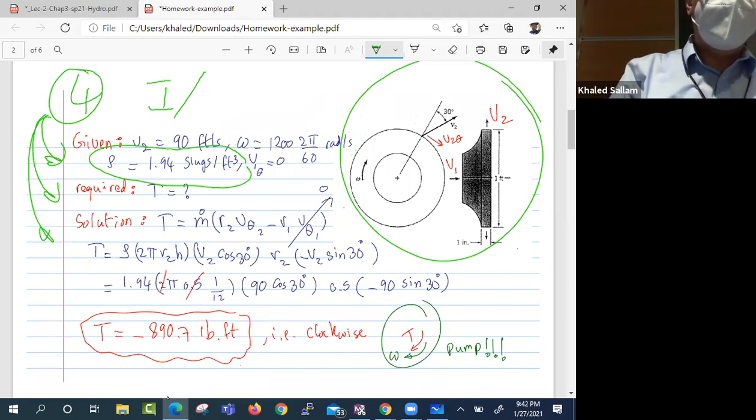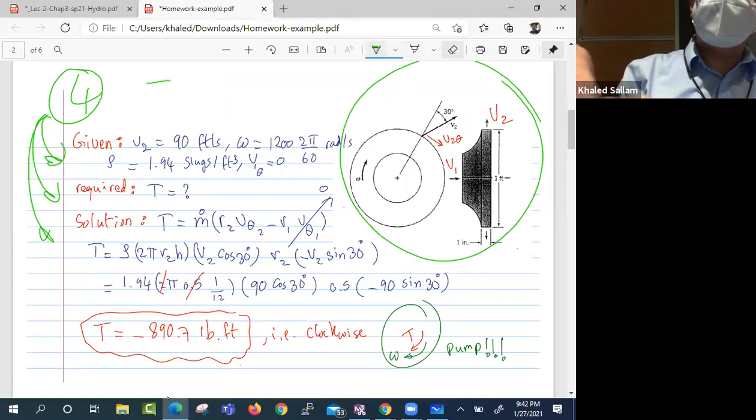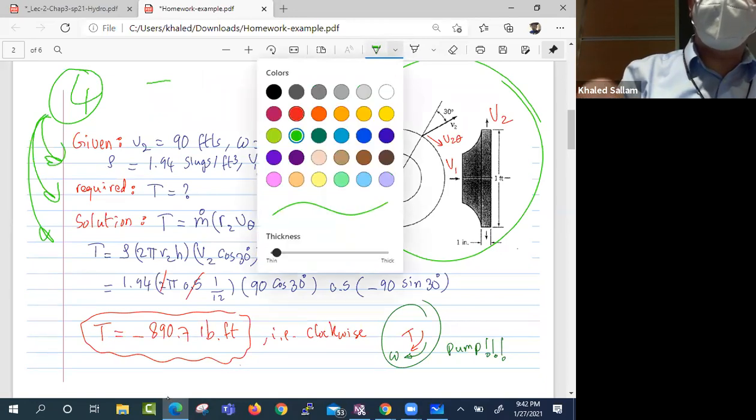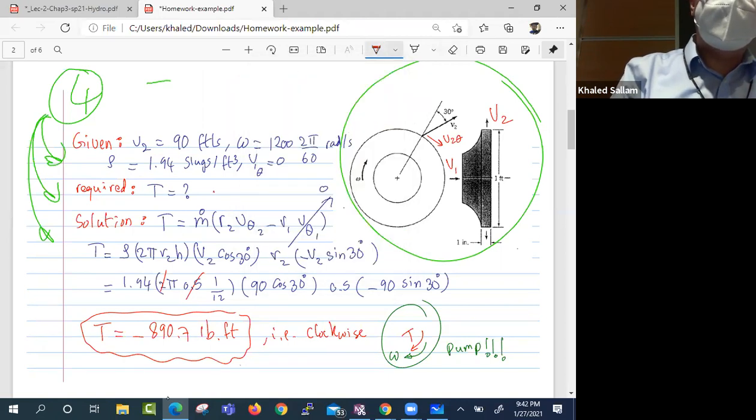All right? And you tell yourself what is required. And actually, I think it's really good practice when you write what is required to even write the unit. Because sometimes they would tell you calculate the power in horsepower.